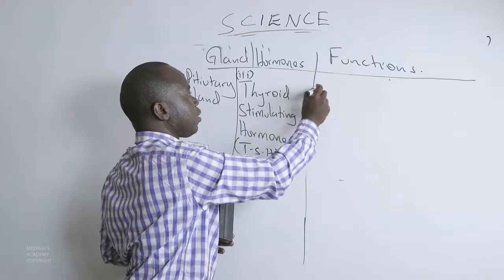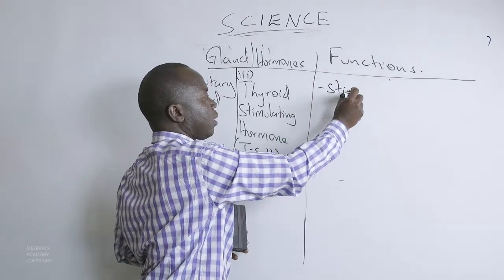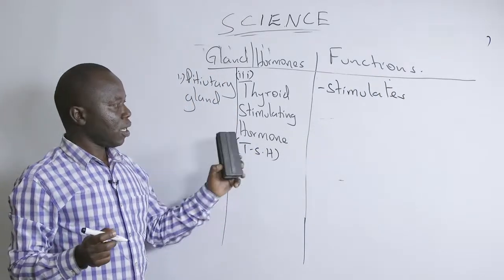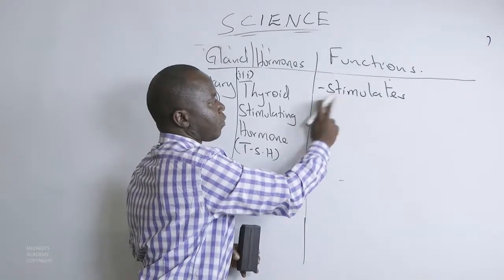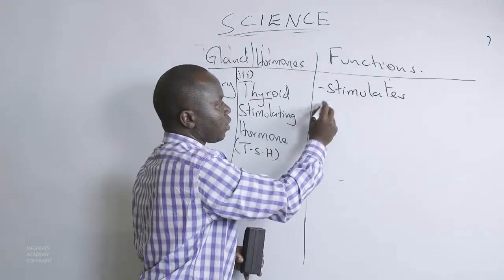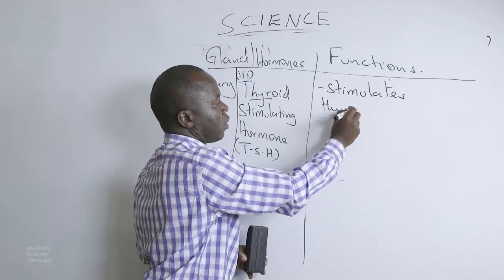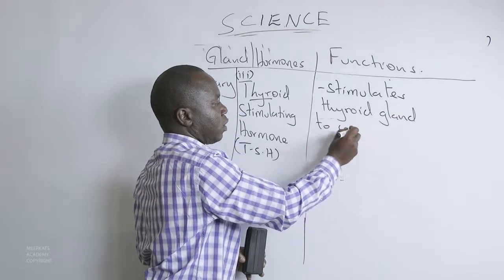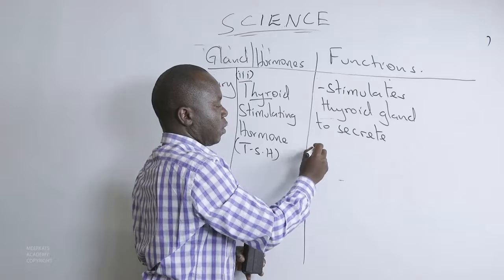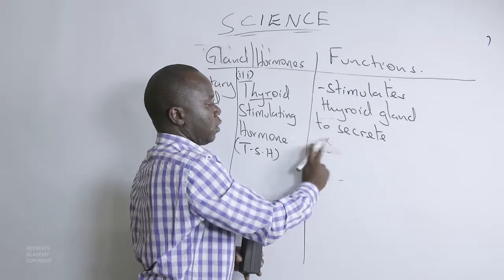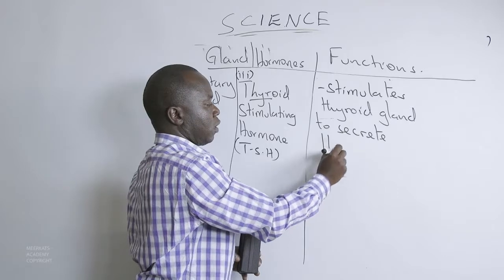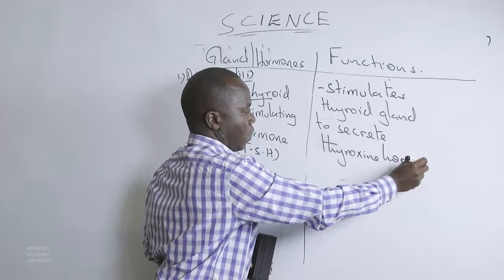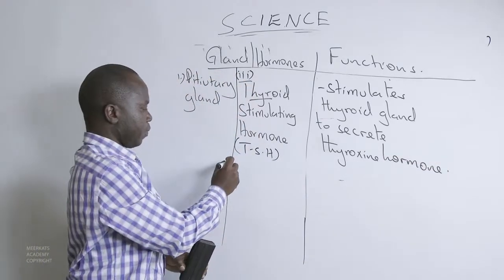Thyroid stimulating hormone stimulates the thyroid gland to secrete thyroxine hormone.